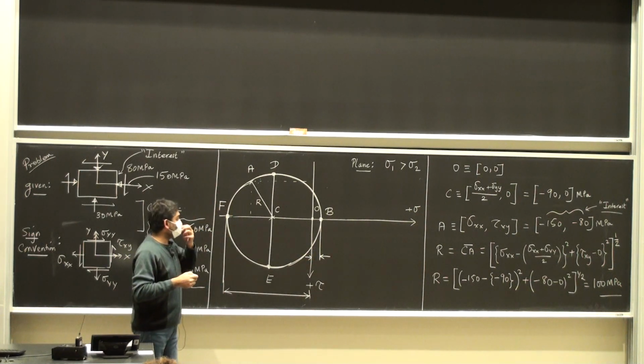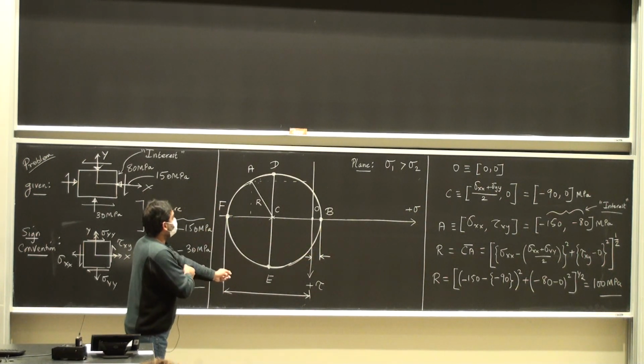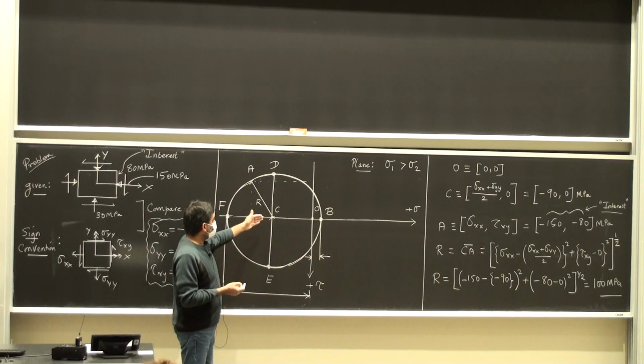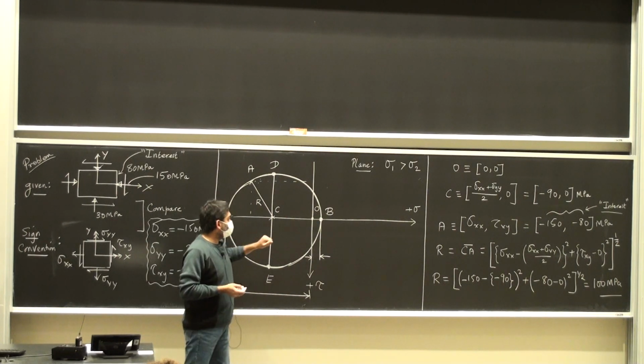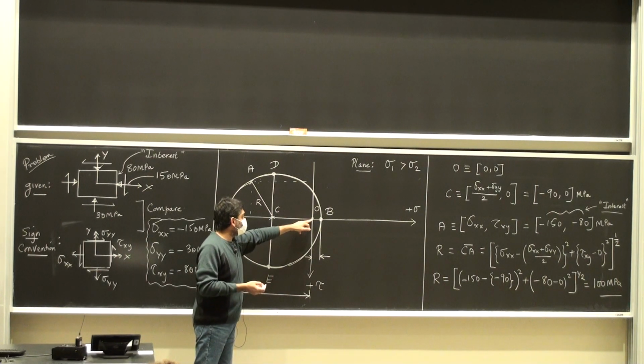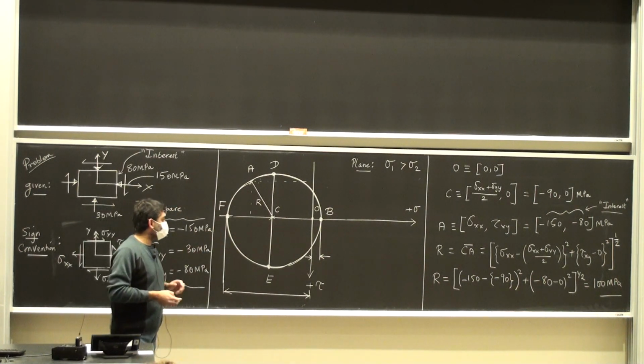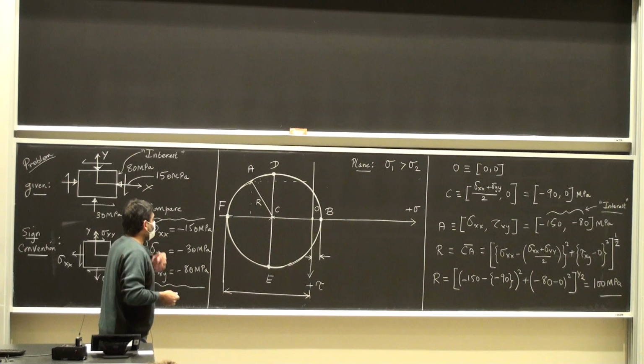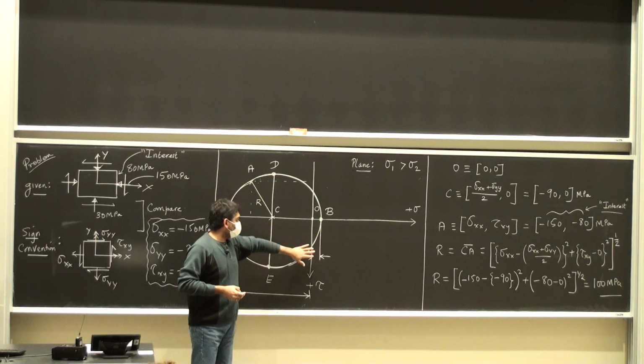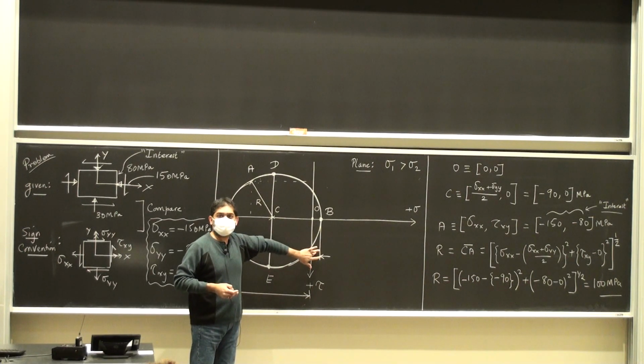Okay, so in this case, what is the value of sigma 1? I have the total radius from point C to point B, and then this is going to be the distance from O to C. So that's going to be 10 megapascals, right? 100 minus 90. Is that obvious to everybody, or would you want me to do the calculations for sigma 1? Is that okay with everybody?